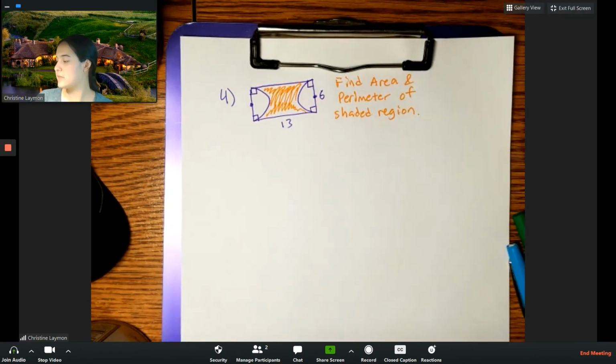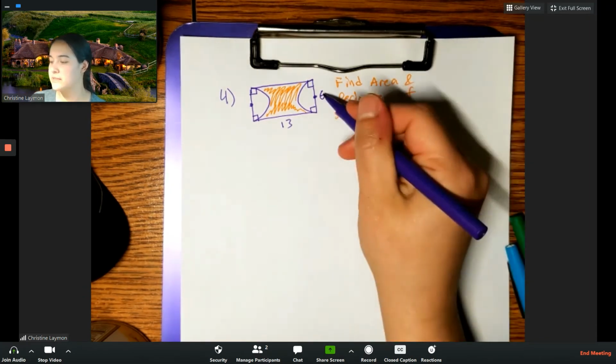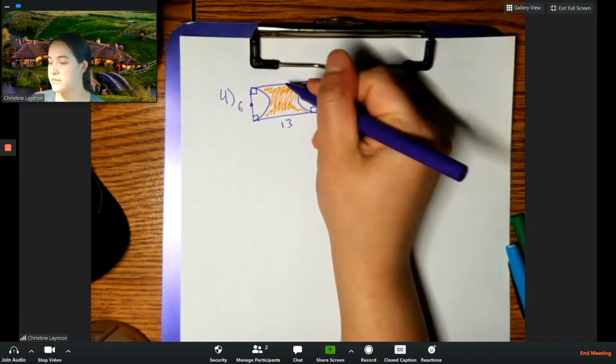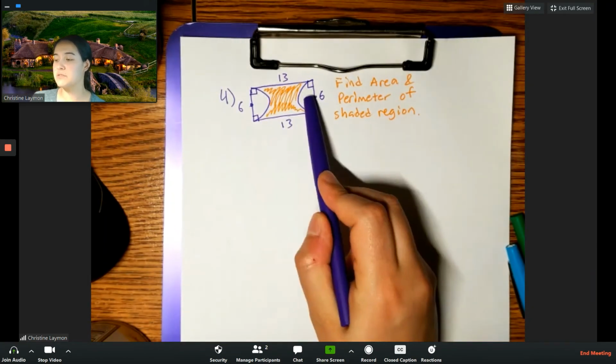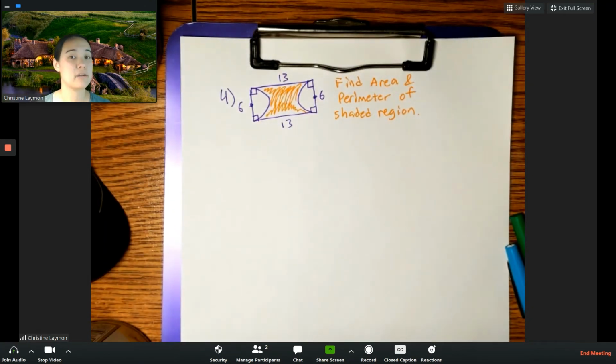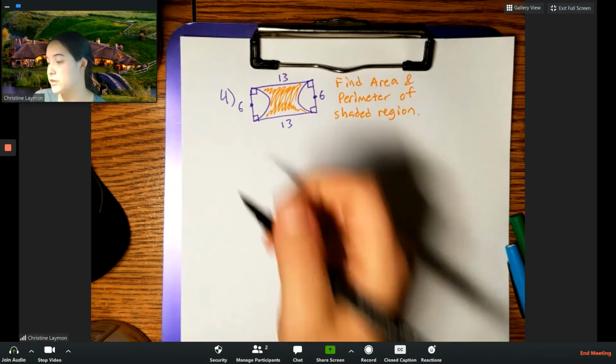Because it's a rectangle, that is 6, this will also be 6, this will be 13. These two semicircles, if I put them together, I get a full circle. So here's what I can do. I can think of this as shape decomposition.